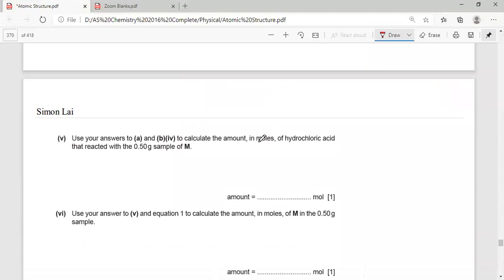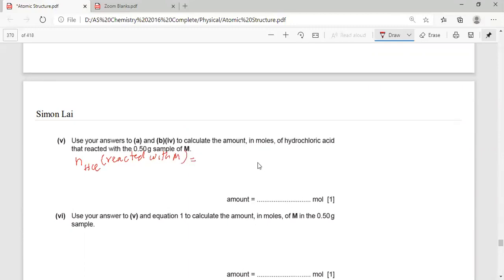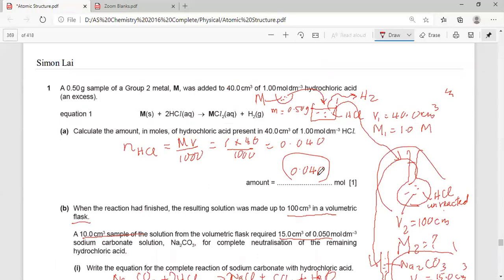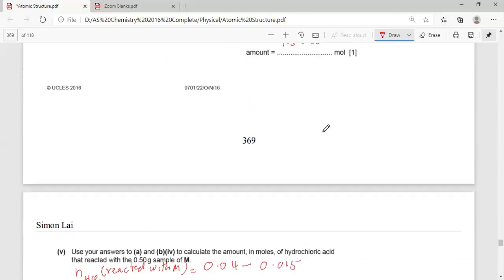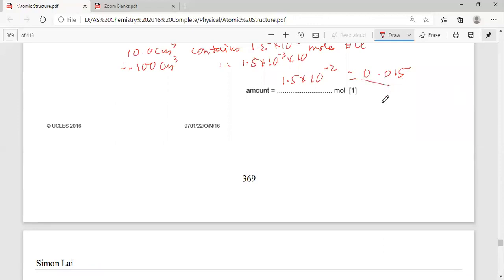Use the answers from before. Calculate the number of moles of HCl reacted with M. Of course, before minus after. Before, how much did we use? 0.04, minus how much remaining unreacted, 0.015.